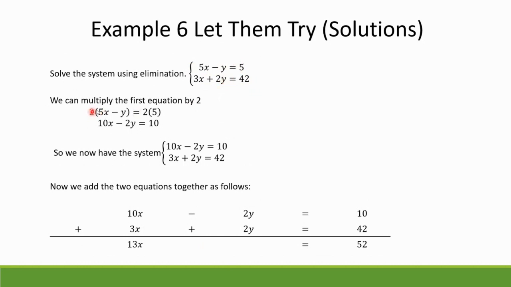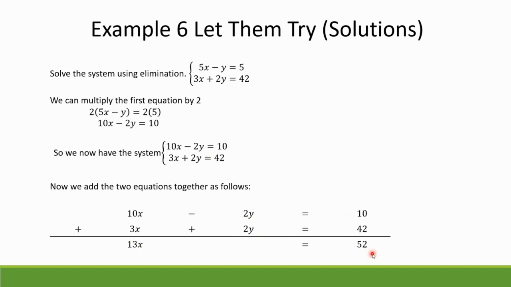So I multiply both sides of the first equation by 2. We get 10x minus 2y equals 10. That's the first equation, so this is our new system. Now you can see that if we add these together, the y's are gone. 10x plus 3x is 13x.